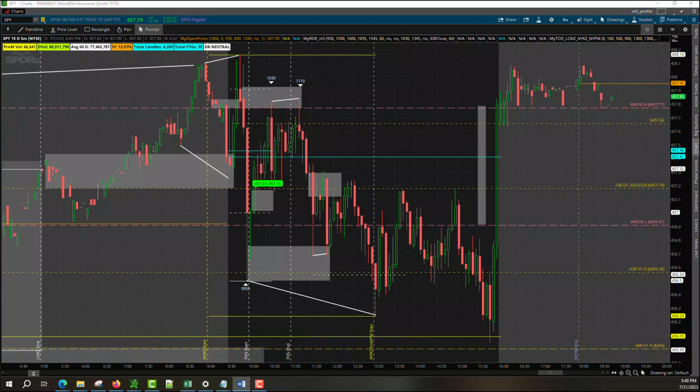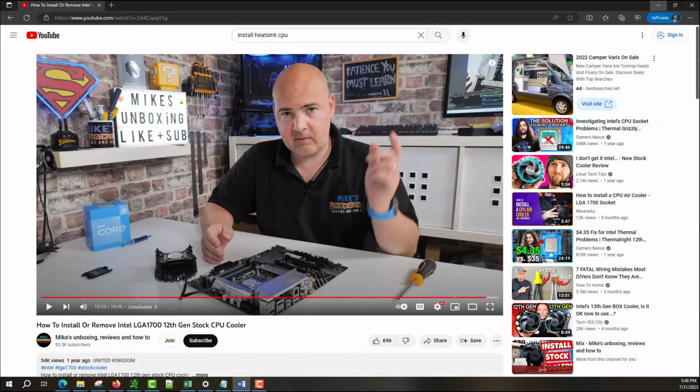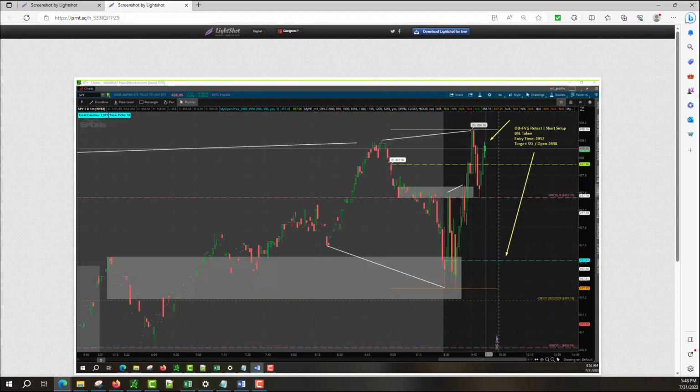We anticipated there. The trade that I think this morning. Okay, I think this trade. This is the trade that we lost.